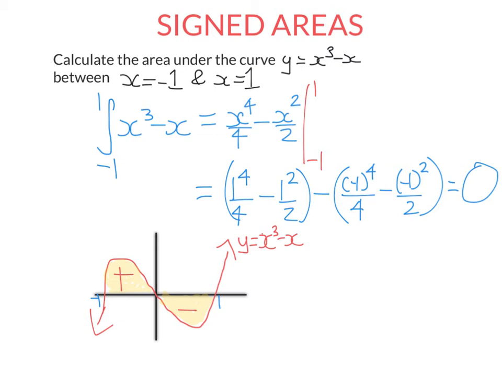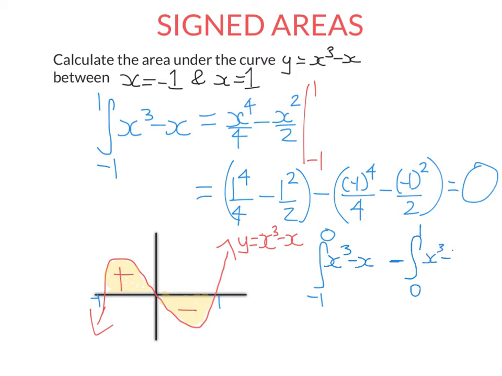Well, I have to do two separate integrals. I'd have to do the integral from -1 to 0. From -1 to 0, that's this area here, will be calculated by that. Now, instead of adding, I need to subtract the area from x equals 0 to x equals 1.